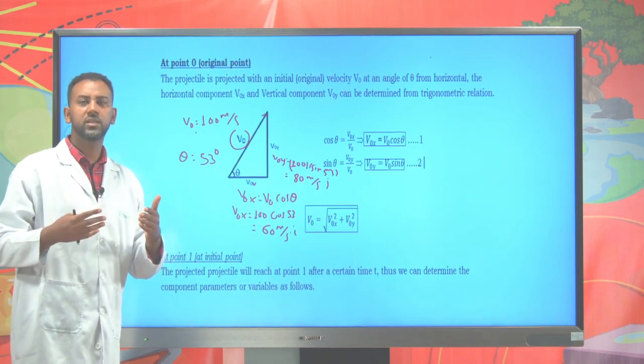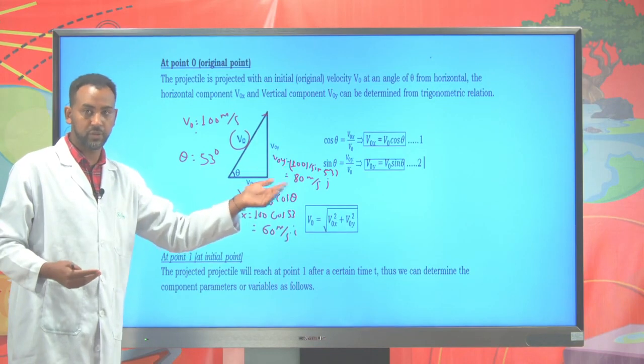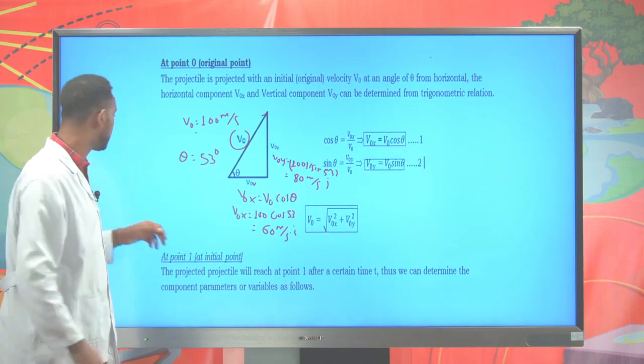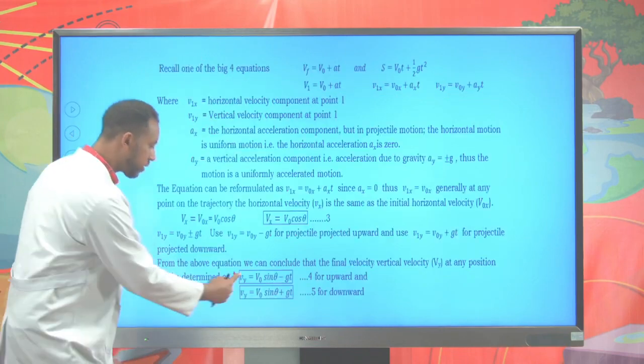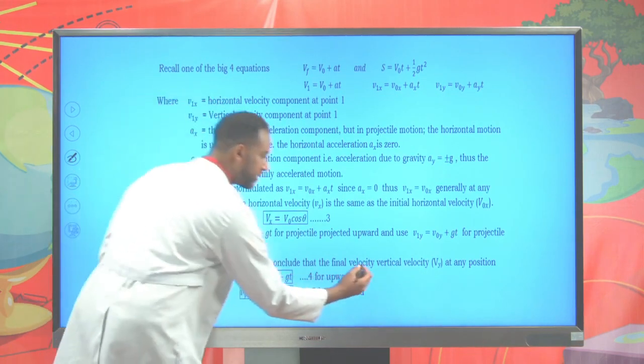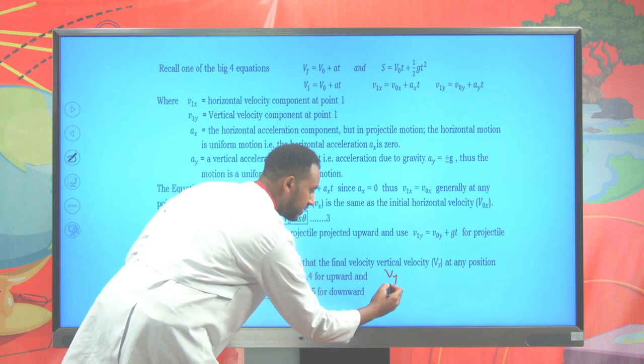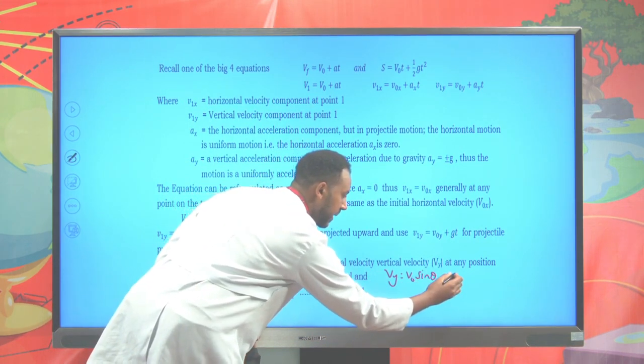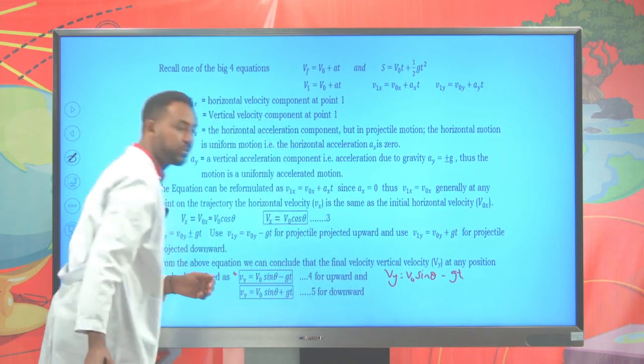Suppose, what is the vertical velocity of this particle after 2 seconds? To determine it, Vy equals V naught sine theta minus gt. This is how we put our equation.